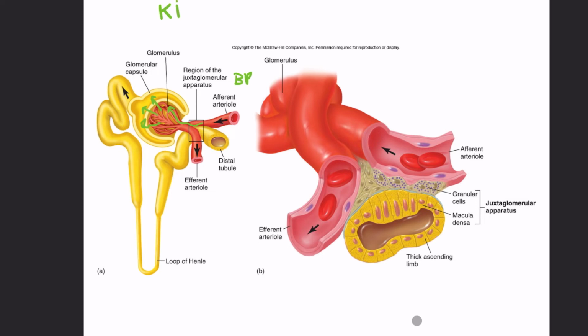We wouldn't want our kidney function, our nephron function, to change whenever our blood pressure changes, because our blood pressure changes all the time. And so we'll get into more detail later, but there is a complex here called the juxtaglomerular apparatus that is going to regulate how fast or slow blood pressure is coming through these blood vessels.